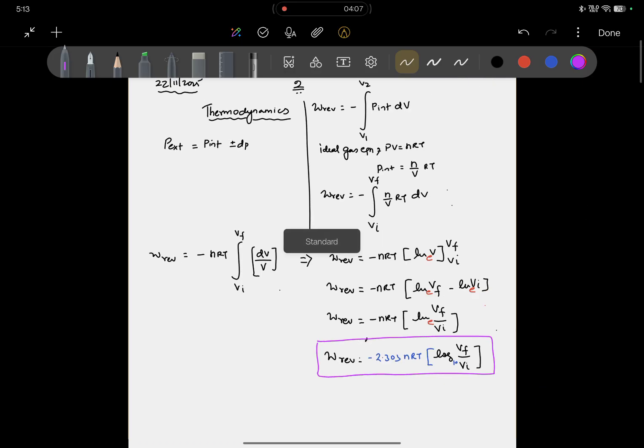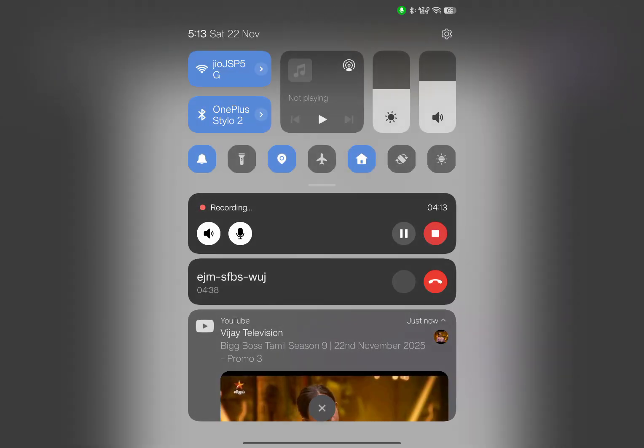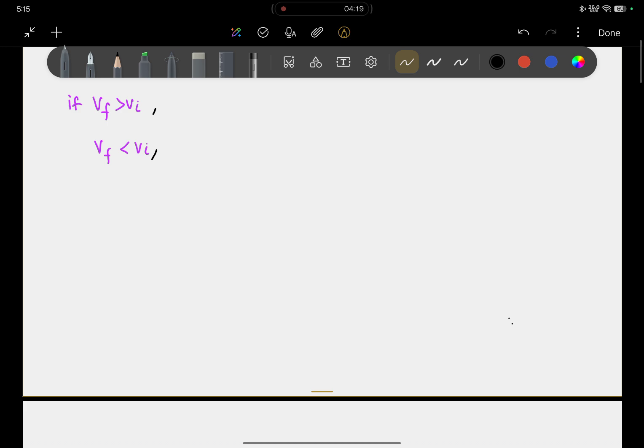Make a note. If Vf is greater than V initial, that means expansion has taken place. How can we say that? What do you mean by expansion?